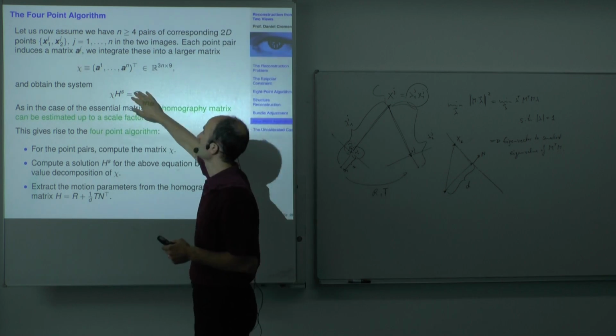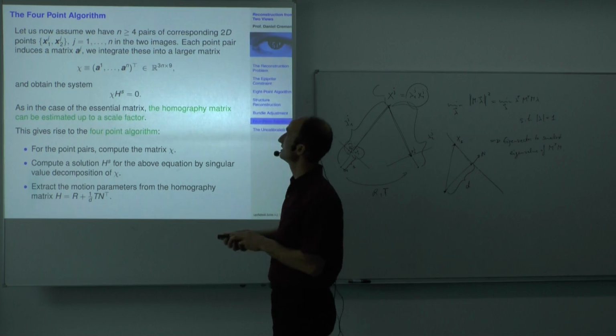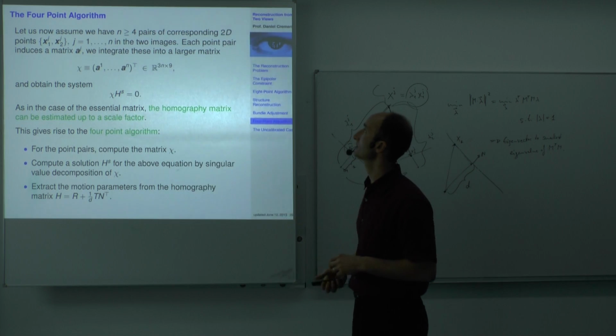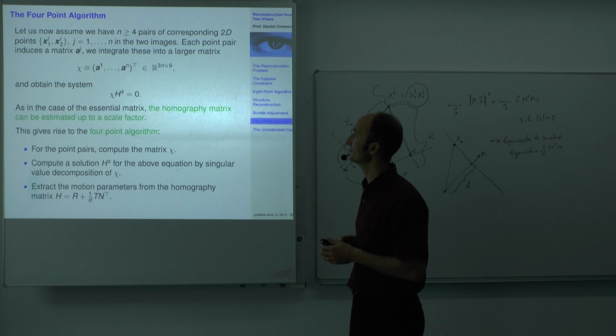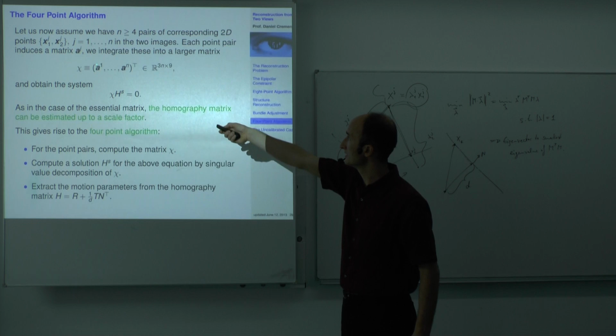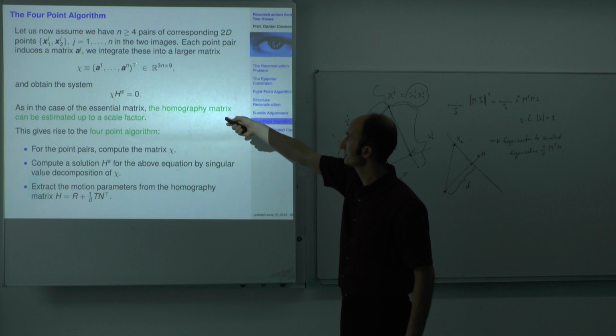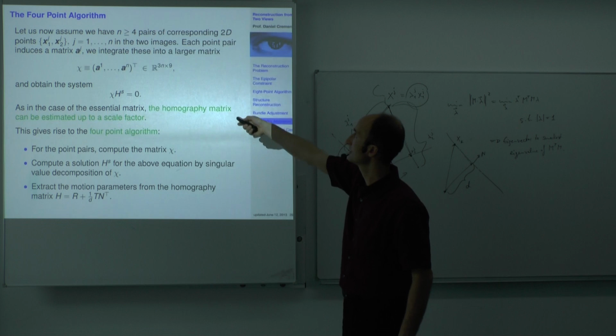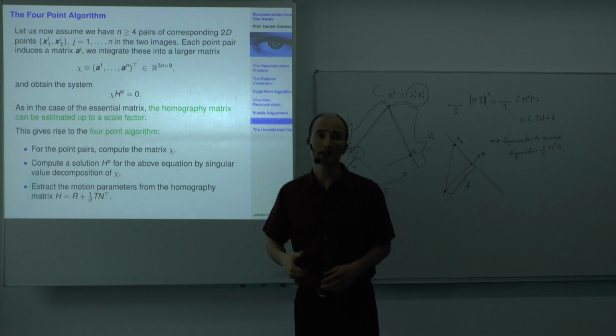You take a set of points, typically at least 4 points, and in general 4 points are sufficient. You stack them again in these 9 by 3 matrices, or 3 by 9 with a transpose. And then if you concatenate them, you get a matrix that is 3n by 9.